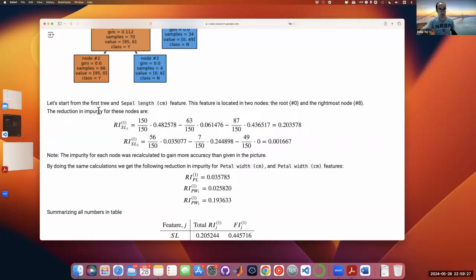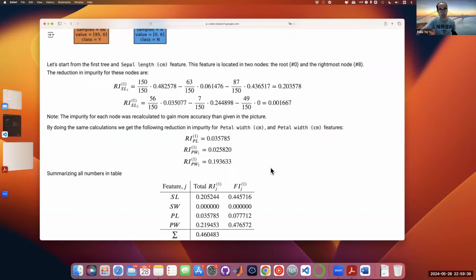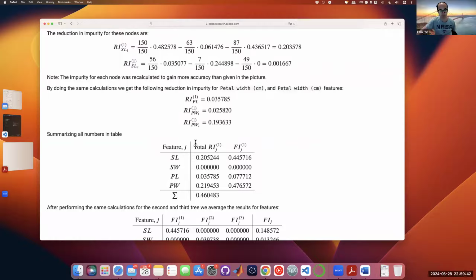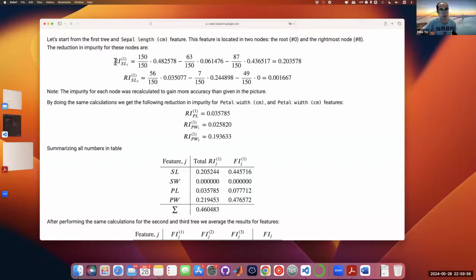We calculate the reductions for the right and the left, then calculate all these values together. The reduction in impurity will be 0.2 here, and the reduction for SL2 is 0.00, which is very small.